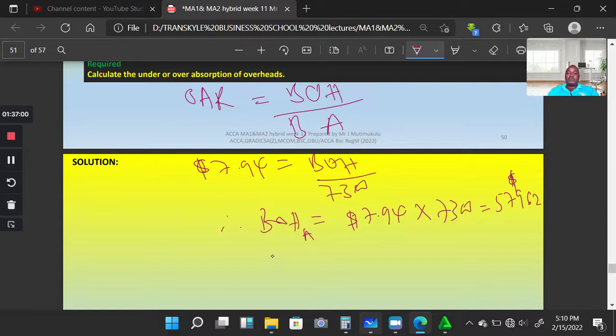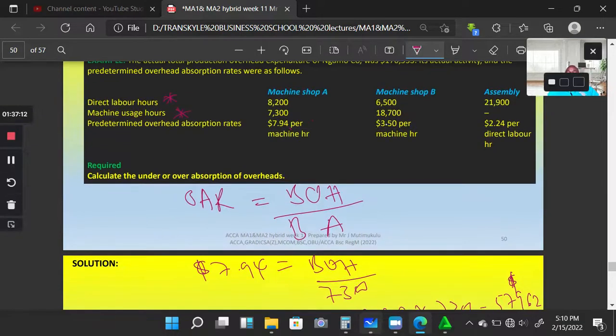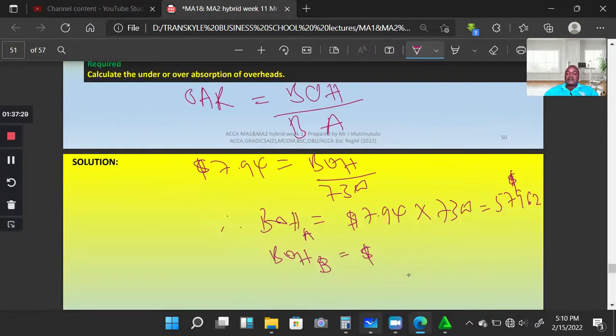What about machine shop B? Budgeted overheads for machine shop B using the same formula. What was the overhead absorption rate? The overhead absorption rate was $3.50 per machine hour. So we are going to use this figure again. It has something to do with machine usage hours. So these are the two figures we are going to use. $3.50 multiplied by 18,700.